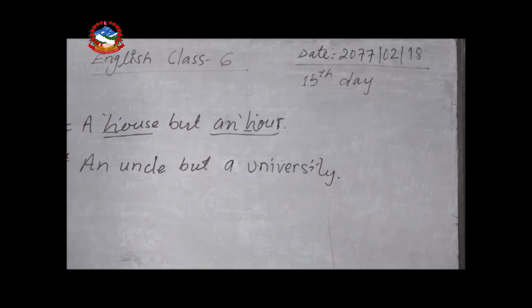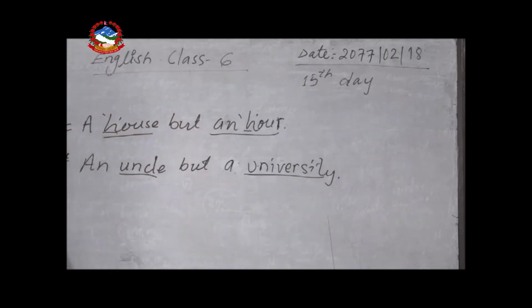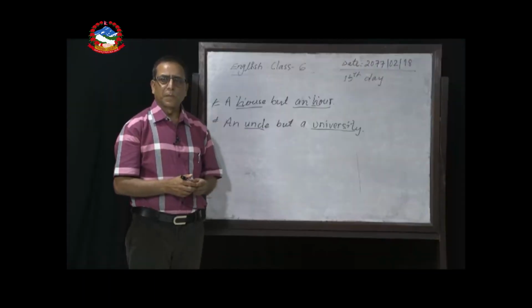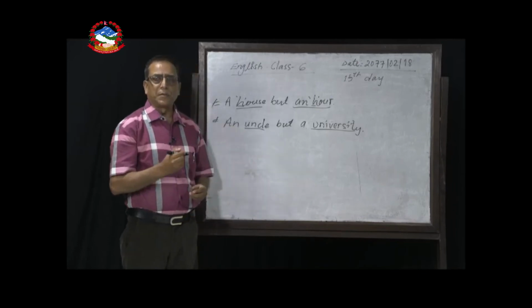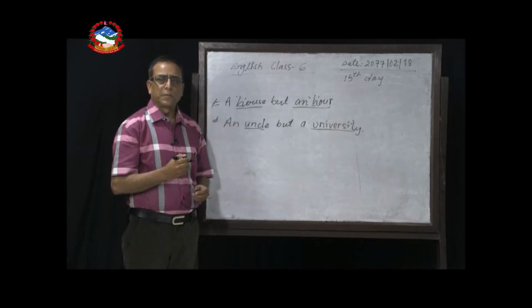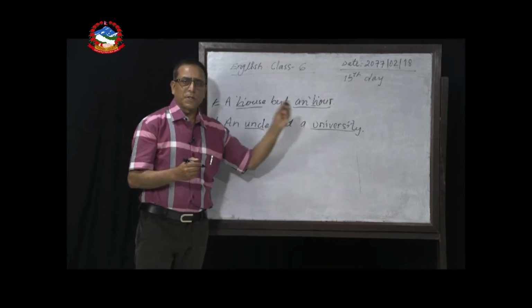Let's come to the point. An uncle, this uncle, also starts from U. A university, university also starts from U. But why before uncle do we use an? And why do we use a before university?